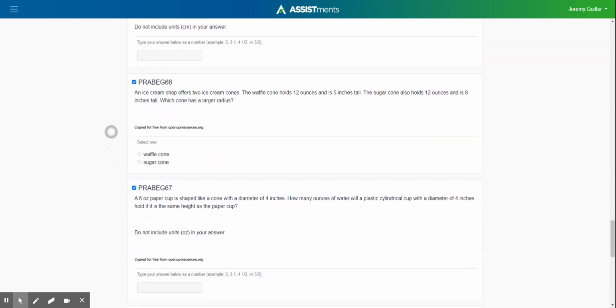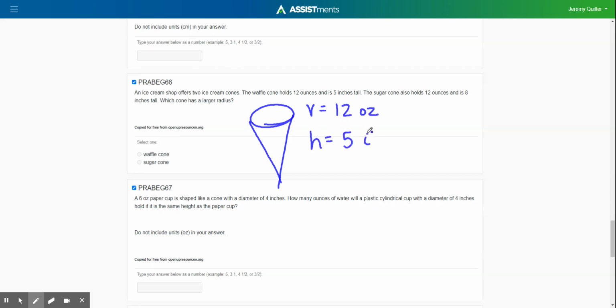The next one talks about an ice cream shop offering ice cream cones. The waffle cone holds 12 ounces and is 5 inches tall. So consider what a waffle cone would look like, and that the total volume here is 12 ounces and that the height is equal to 5 inches.